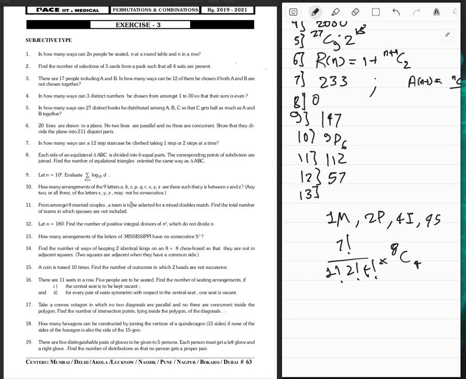This looks awesome. With no consecutive s. There we go. Problem solved. 1 factorial is 1. So this is like 7 times 6c2 times 8c4. Is that correct? Looks correct at least. So 7 times 6 times 5 upon 2 times 8, 7, 6, 5 upon 4, 3, 2, 1.